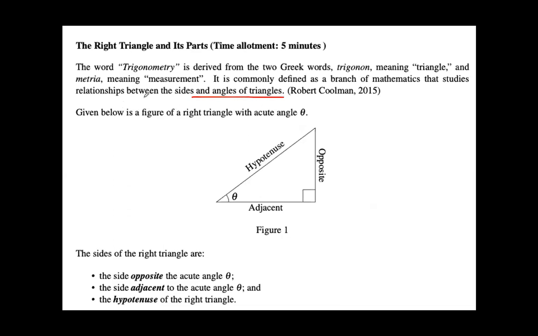Okay, yan ang pinakamaganda. All right, and given below is a right triangle with acute angle theta. Ito, bakit nasabing acute? Kasi right triangle siya. And it is impossible for a right triangle to have an obtuse angle. Theorem ba yun? Theorem yun or postulates ata, di ba?